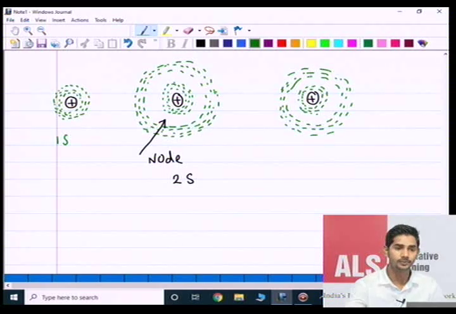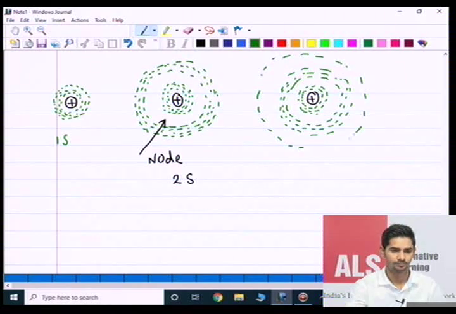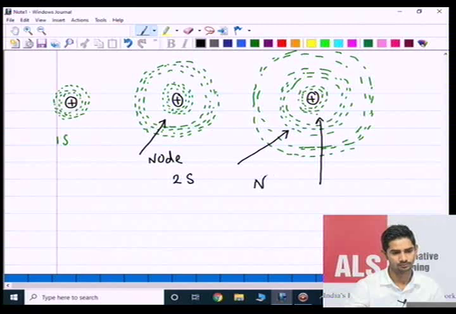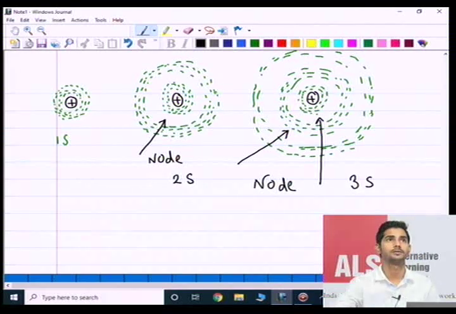After that, again there will be some space. Now you can look at this one. This is a node and this is also a node. So this is for the 3s. 3s has two nodes.